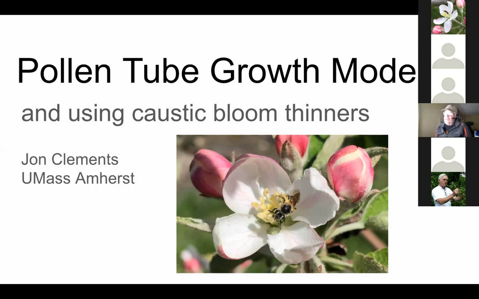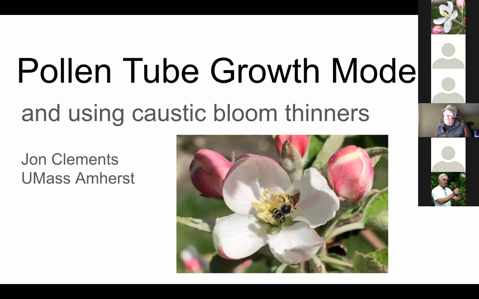It's not terribly complicated. You kind of have to try it and work with it a little bit to understand it, but I'll try and explain it the best I can. So what is the pollen tube growth model? It was developed by Keith Yoder with some help from Washington State folks. And in Washington, they do a lot of bloom thinning with caustic bloom thinners.